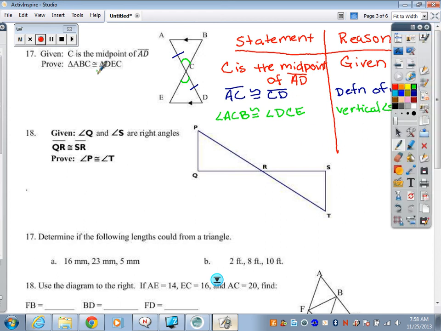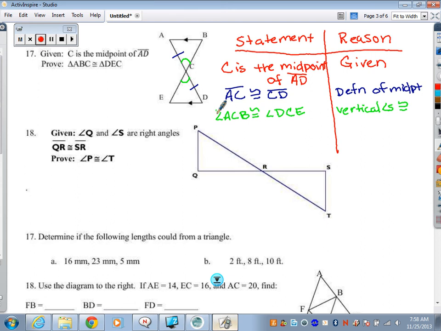The next one. Well, I don't have enough information yet to prove triangles are congruent. Remember, you can only use side, side, side, side, angle, side, angle, angle, side, angle, side, angle, or HL. Remember, HL is for right triangles only. So I have an angle and a side. I need one more piece of information.